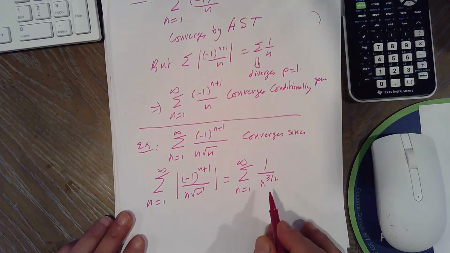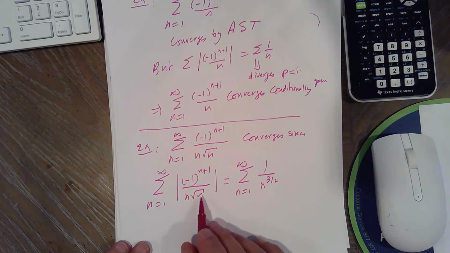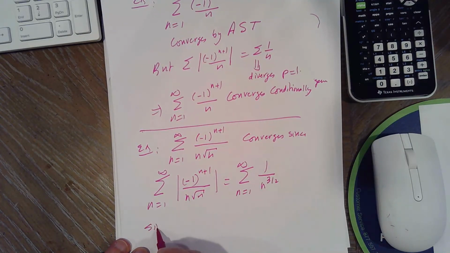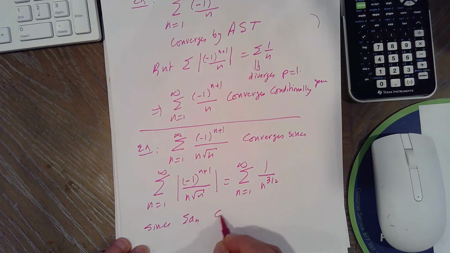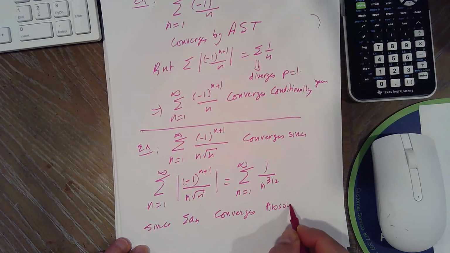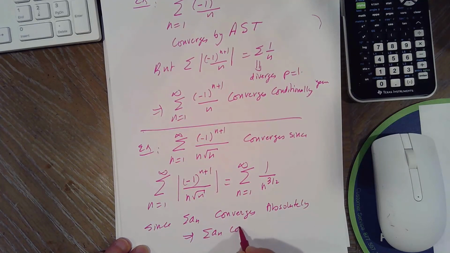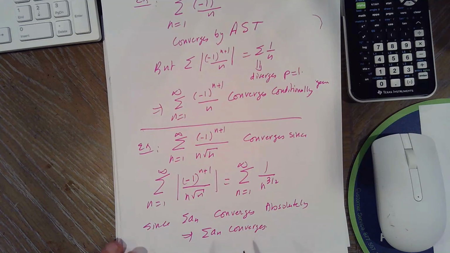It's a p series, so it converges. Since it converges absolutely, then it converges. Since sigma an converges absolutely, that means sigma an converges.